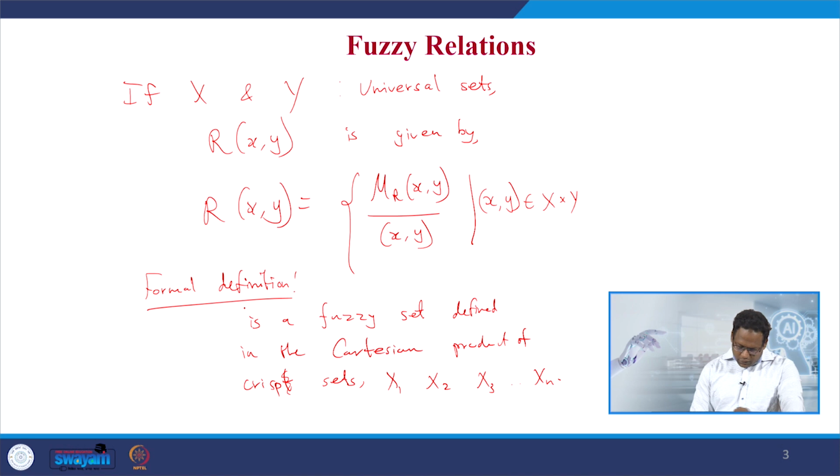Okay, this is a formal definition of a fuzzy relation. It is a fuzzy set defined in the Cartesian product of crisp sets x1, x2 up to xn.